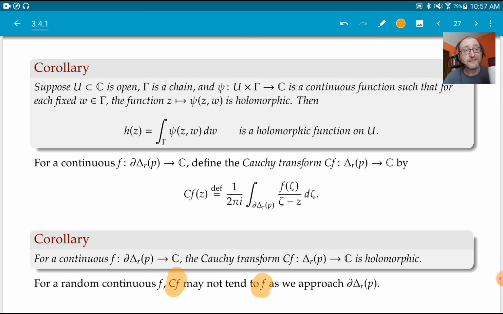Well, it would be if F was holomorphic in a neighborhood of the closed disk, for example. But other than that, you don't know. But we know that CF is holomorphic.